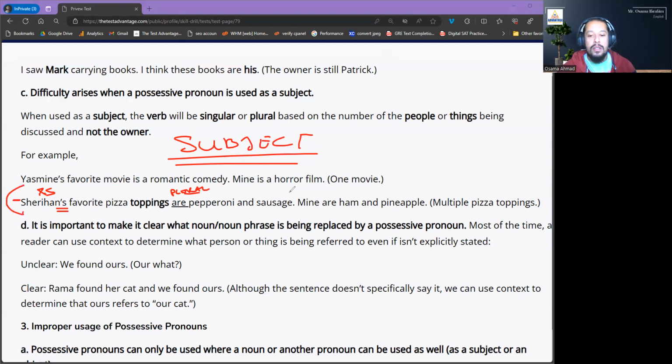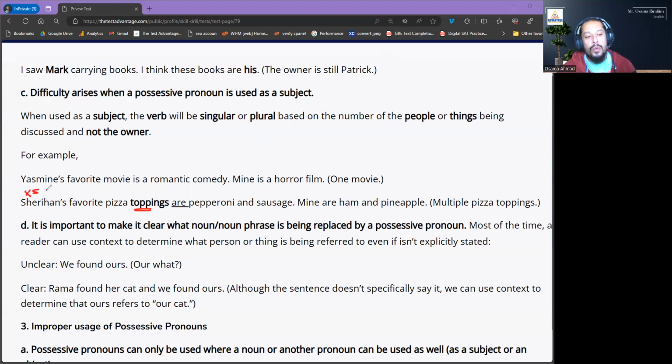In this sentence, stick to this sentence. Toppings. Yes. So I want you to see apostrophe s, no subject. Look at the adjective. This is the adjective. This is the noun. Perfect. So be careful. The owner is not the subject. What controls the verb and becomes the new subject is always the object being owned. And this is also in the apostrophes lesson.